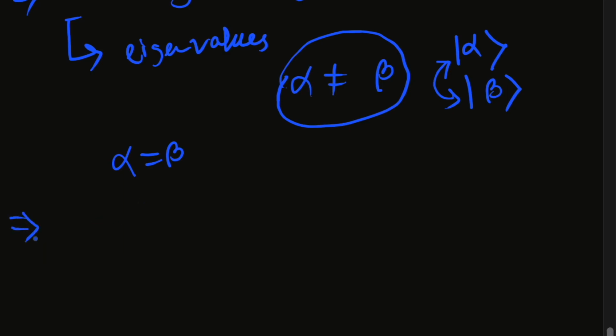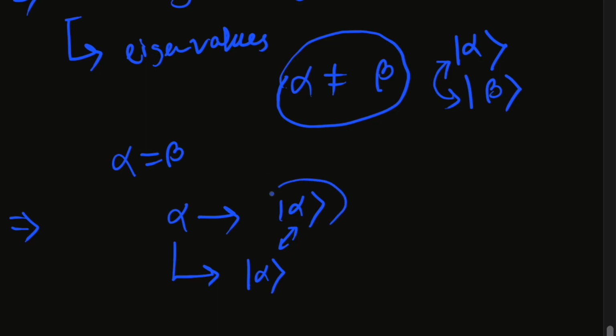If the two eigenstates have the same eigenvalue alpha, then we cannot represent the two linearly independent eigenstates in terms of alpha. Then how can we distinguish these two linearly independent eigenstates, how can we represent those two linearly independent eigenstates?